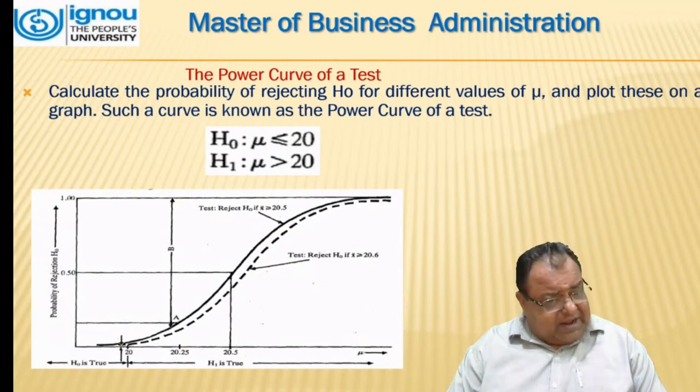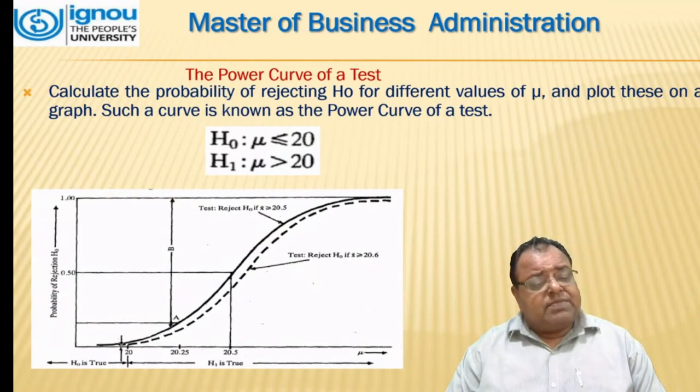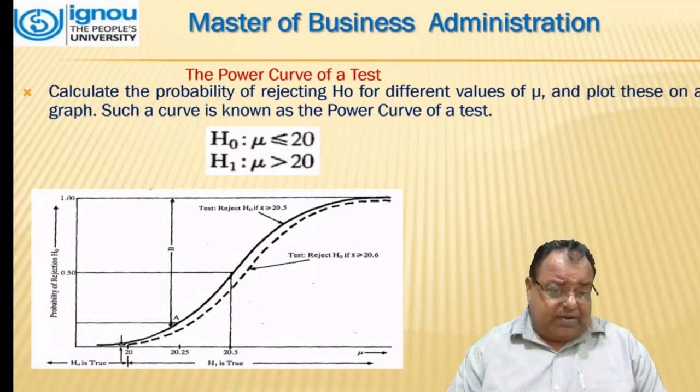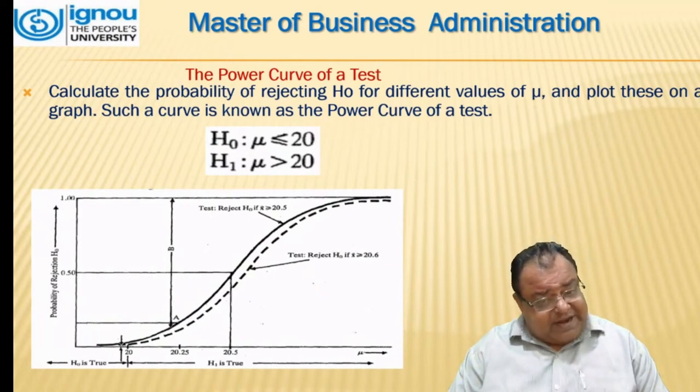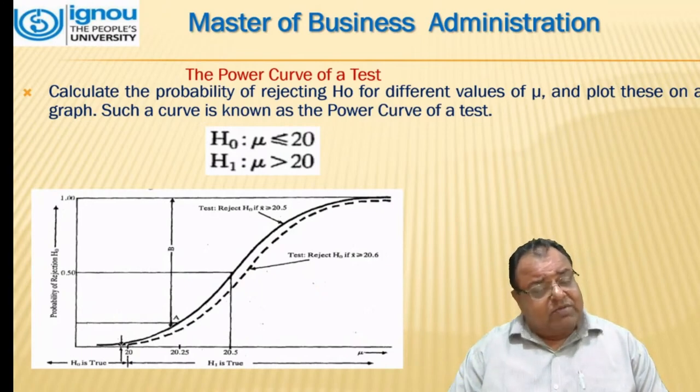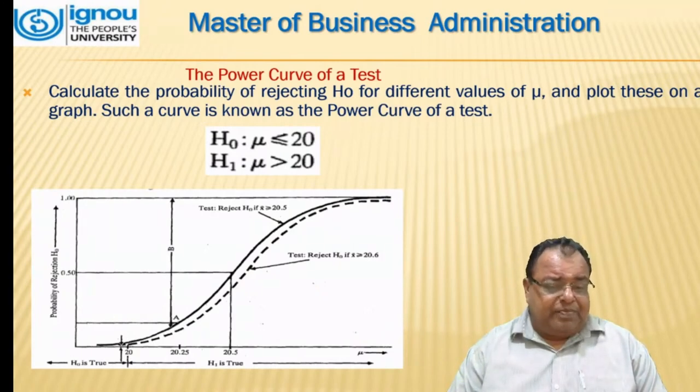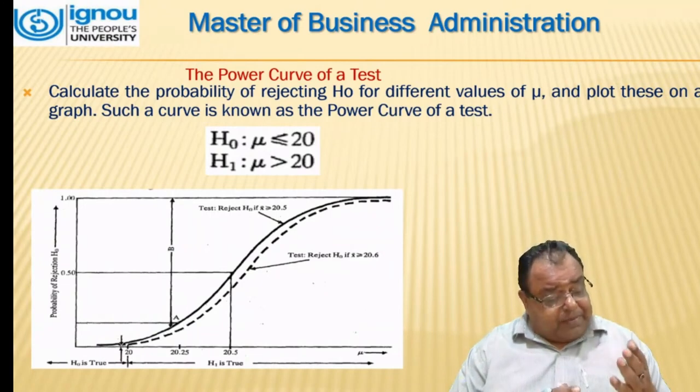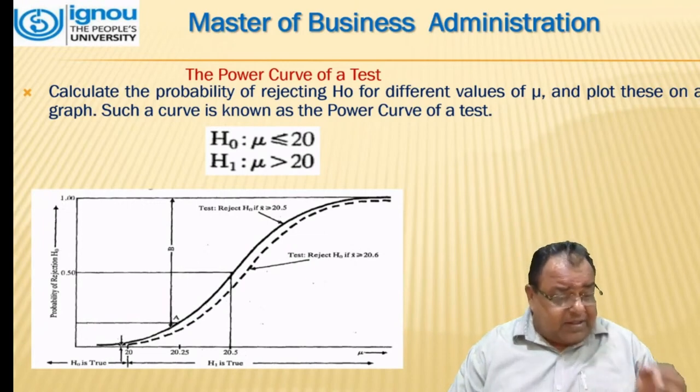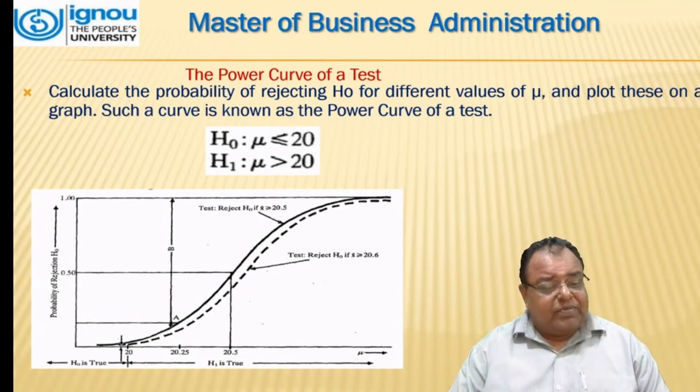If we reject H0 if X bar is greater than or equal to 20, it will be the bold line graph. And if we reject H0 at X bar greater than or equal to 20.6, we are going to get a dotted line.